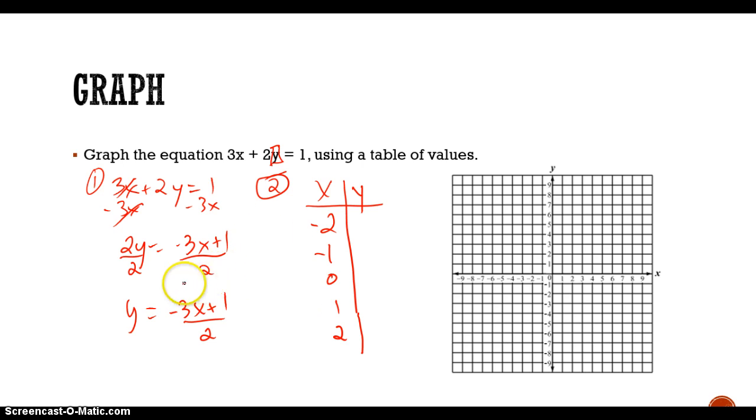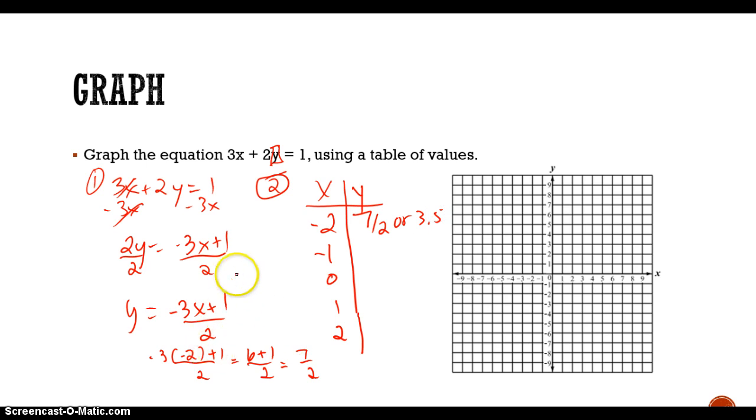So if we plug in -2, we know that -3 times -2 plus 1, well, that is 6 plus 1, is 7. 7 over 2. Or you can put 3.5, whatever you would prefer to put. 7 over 2 or 3.5.